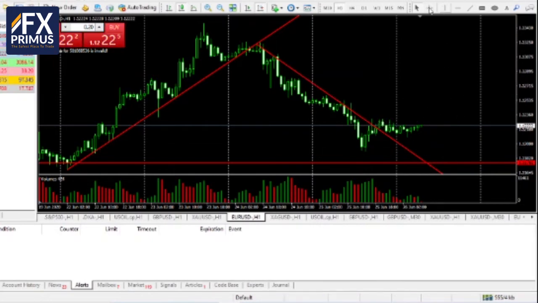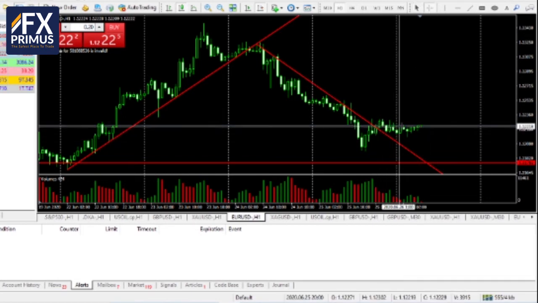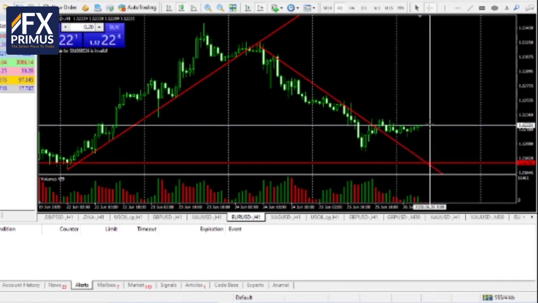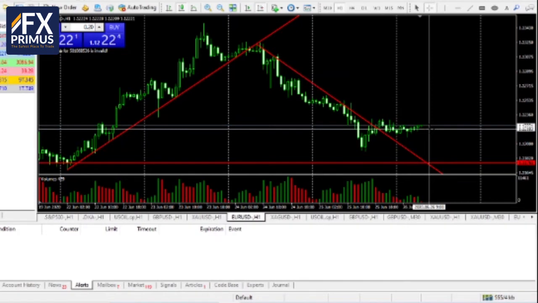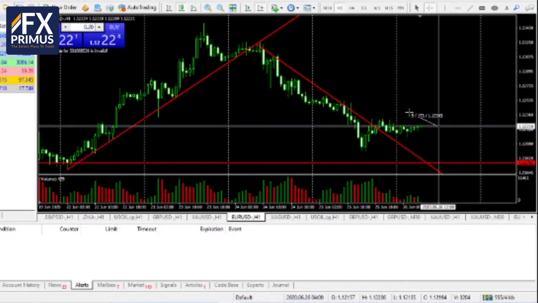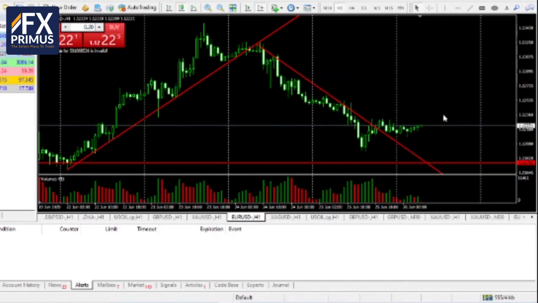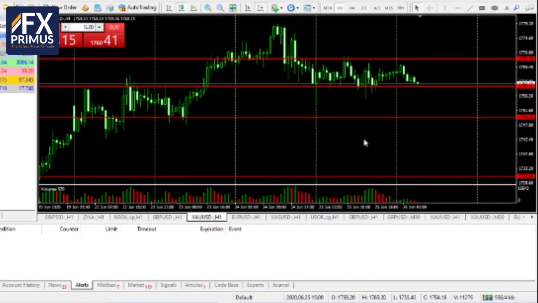Currently it is still consolidating. So we will wait until a bit later in the UK trading session or towards the US trading session to see what kind of chart patterns and price action we will get. Gold prices again are pretty much the same, consolidating.